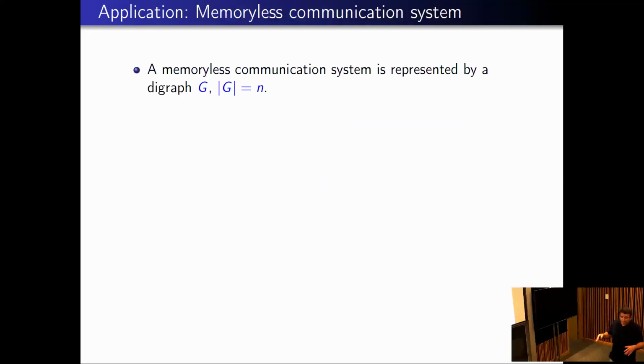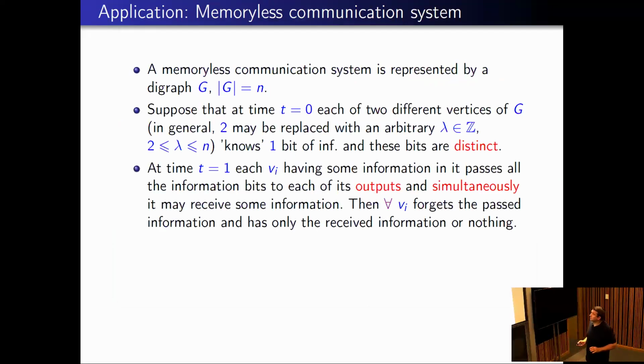And this is also useful in memory-less communication systems. Again, we'll not go into the details. The idea is you have a certain network. Elements of this network have no memory. So once they receive some information, they could only send it to neighbors and forget.